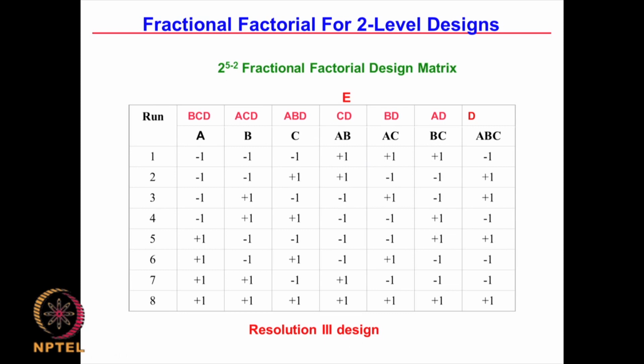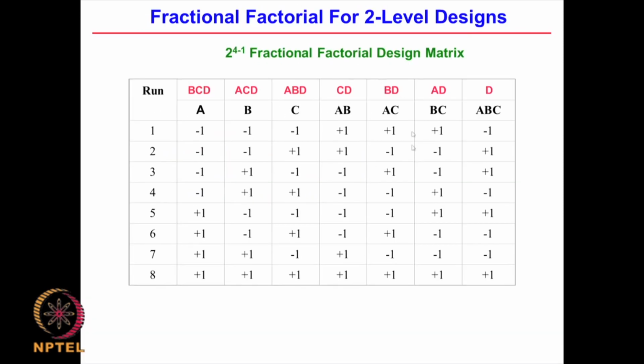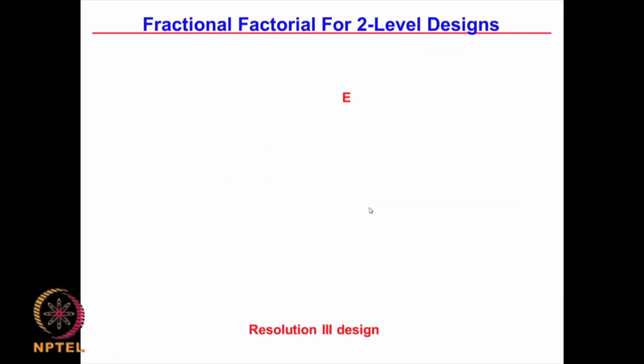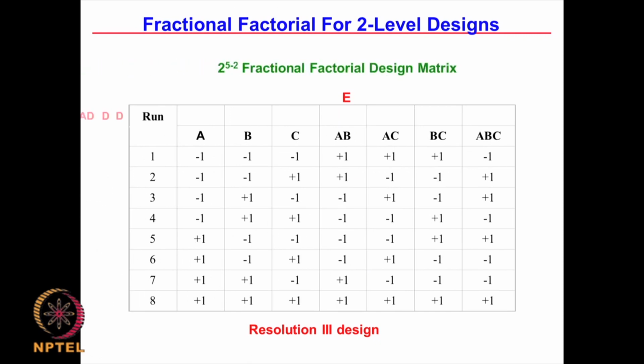So if I have 5 factors, it is not a good idea to do a 1/4 2 power 5 design, because I end up with some 2-way factor interactions confounded with the main effect. So this is called a resolution 3 design, whereas the corresponding one here is a resolution 4 design. So do you understand this picture and this picture?